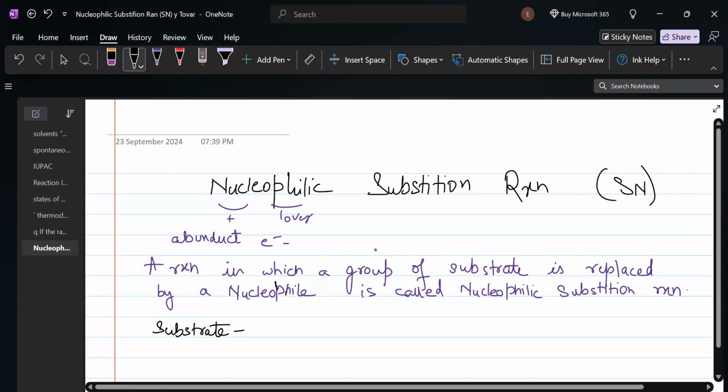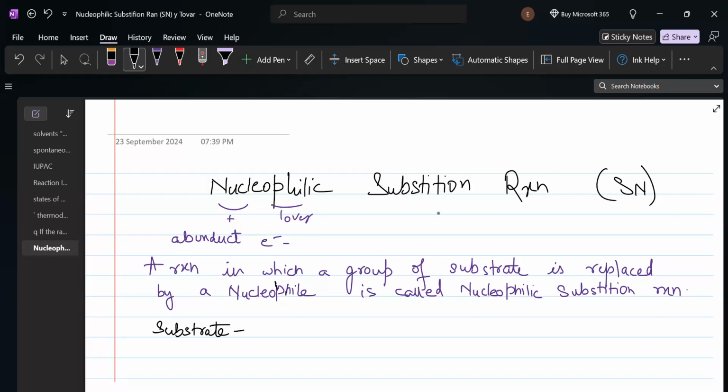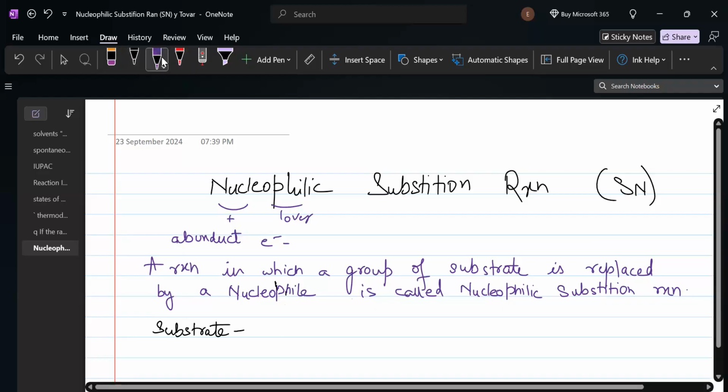So see, from the definition, as I have told you, a reaction in which a group of the substrate is replaced by a nucleophile is called a nucleophilic reaction. So what is a substrate? Substrate is an organic reactant molecule.